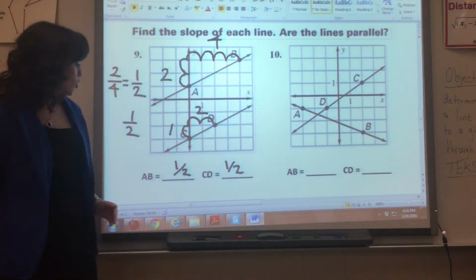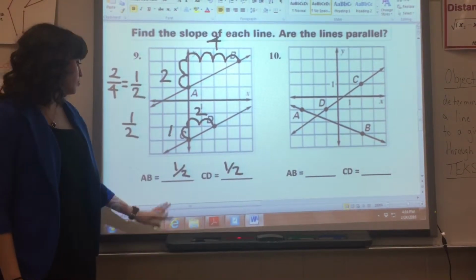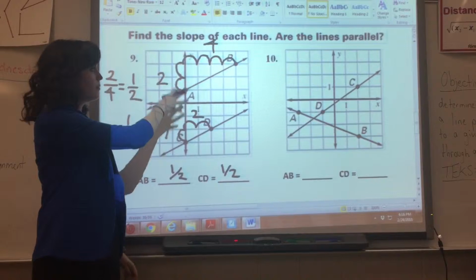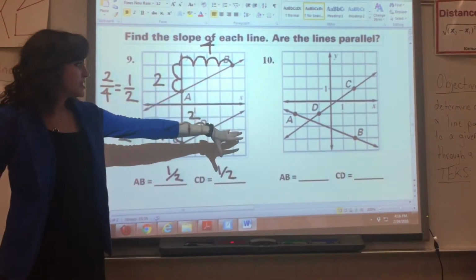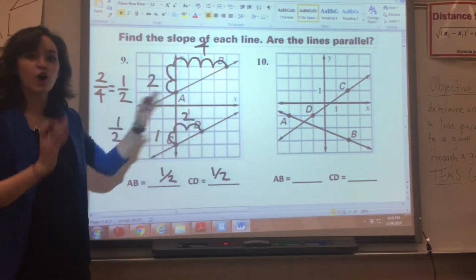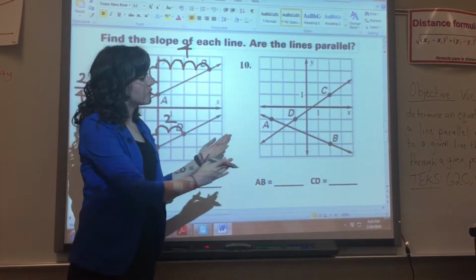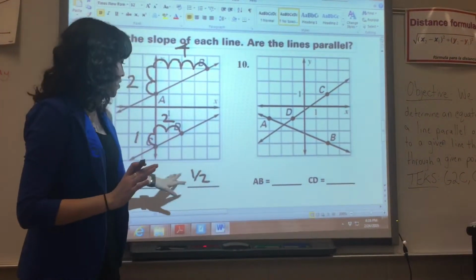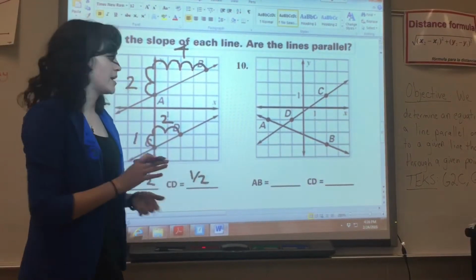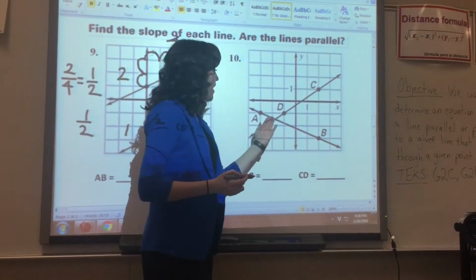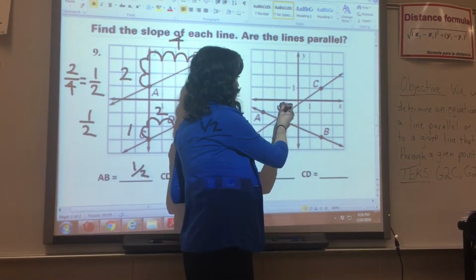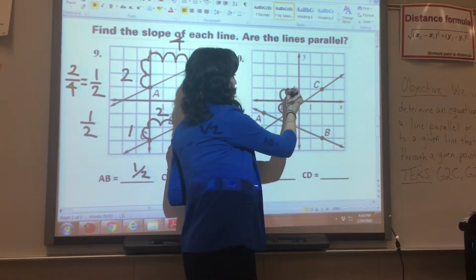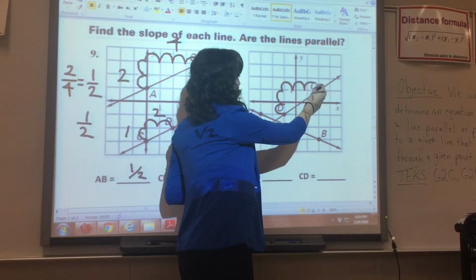So by this result, we figure out that these are parallel lines. And now we're going to go on to number 10 to see if these are parallel lines. Already looking at it, we can tell that they're not parallel lines, but we're going to see how with the slopes we can establish that further. So we have our points C and D. We're going to rise 2, and we're going to run 3.